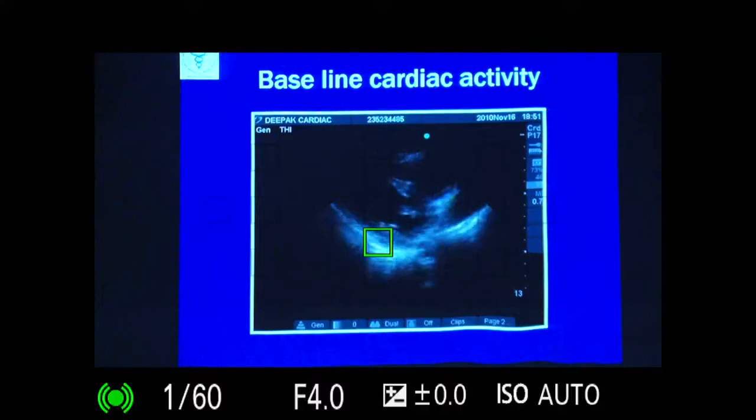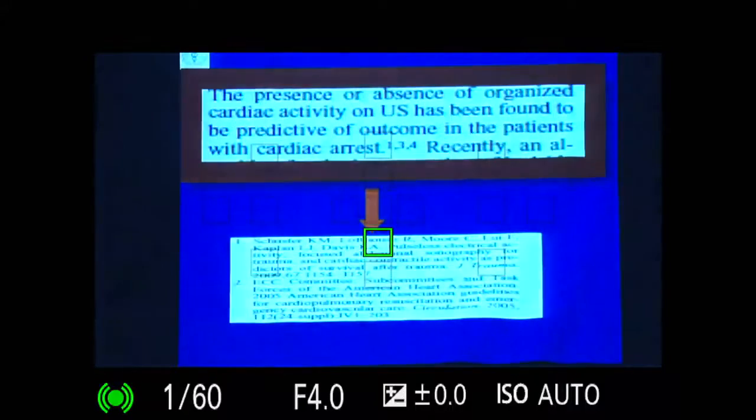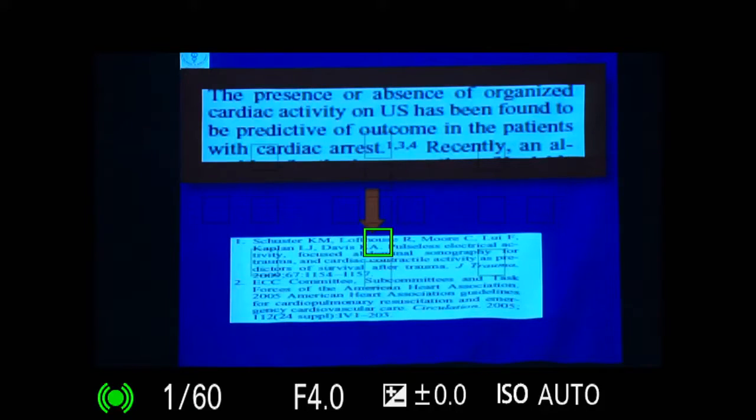And the last segment is you have to find out the baseline cardiac activity. What is the prognosis of this patient? A patient coming to you with a baseline cardiac activity like this, versus a patient coming with cardiac standstill like this, which one will have a better prognosis? It is a very simple thing.